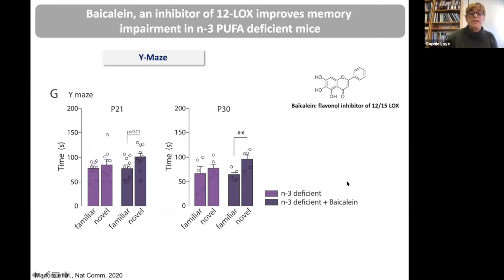When we administered baicalein before weaning, we could restore the spatial memory, measured again with the Y-maze test. In animals that are deficient, the time spent in the arm they visited before and in the new arm is the same, while after the administration of baicalein there is an increase of time spent in the new arm, suggesting that animals recognize it and have an improvement in spatial memory.